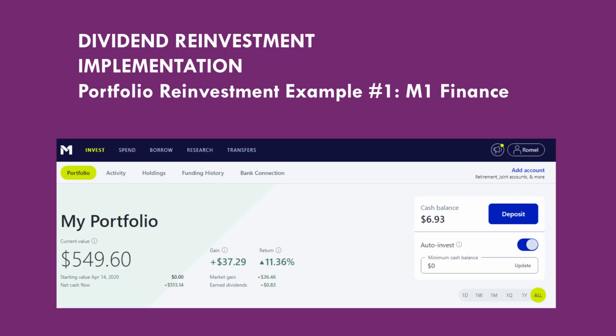The second and my preferred way of implementing dividend reinvesting plan is through M1 Finance. M1 Finance has an auto invest feature that allows money that's sitting there, or buying power, to get reinvested back into your portfolio. For those of you that don't know how M1 Finance works, take a look at my video where I gave you a monthly recap of my May 2020 performance.